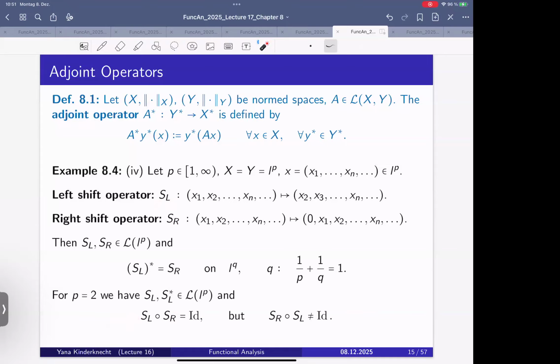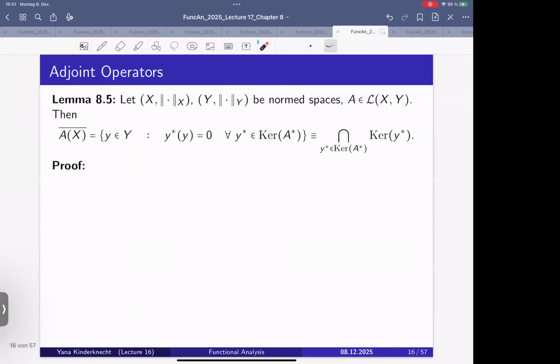Well, now we are going to prove a lemma. The lemma looks as follows. We have two normed spaces, X and Y. Let A be a bounded linear operator from X to Y. Then we have the following statement.